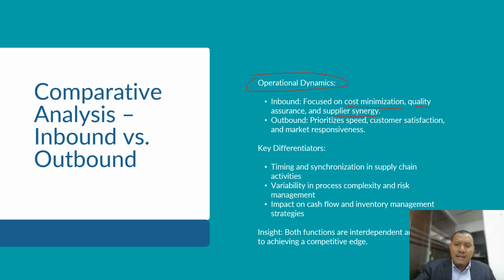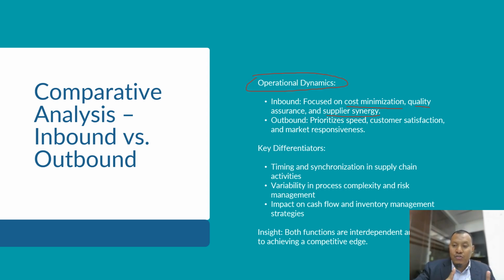The other side is outbound logistics. The operational dynamic here prioritizes speed, customer satisfaction, and market responsiveness. Outbound logistics is about sending out whatever order we receive to our customer.